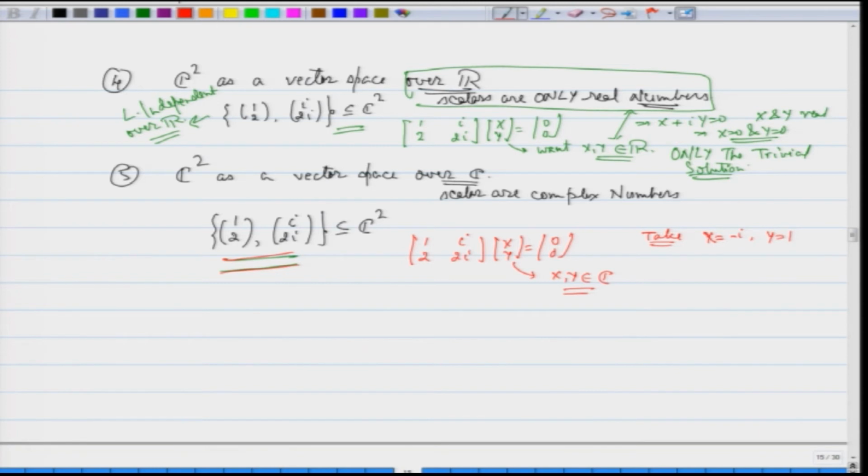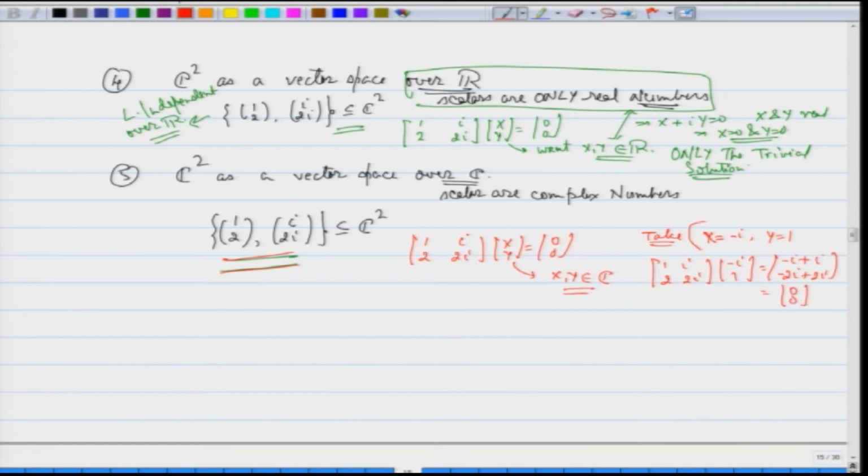Then we get (1, 2) times minus i plus (i, 2i) times 1, which is minus i plus i, minus 2i plus 2i, which is (0, 0).